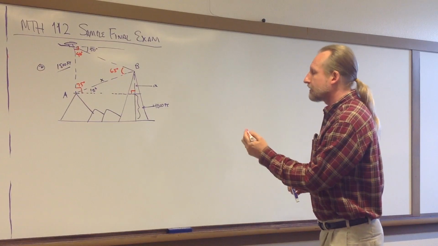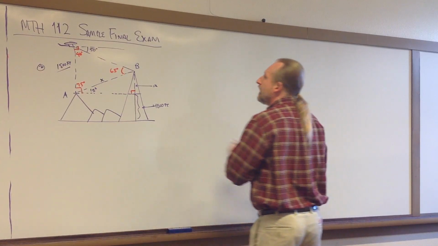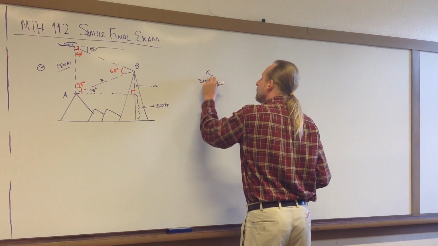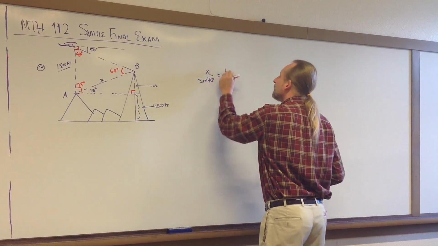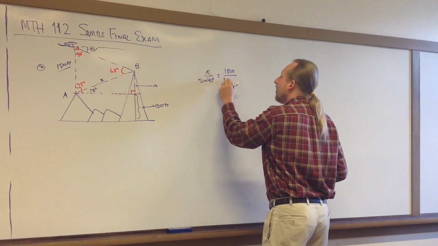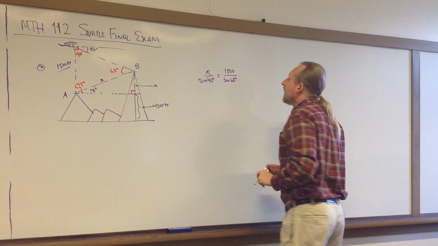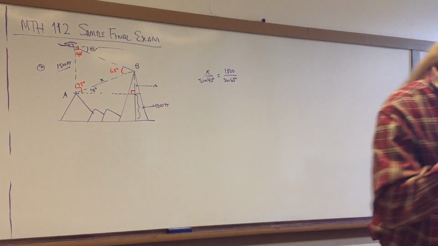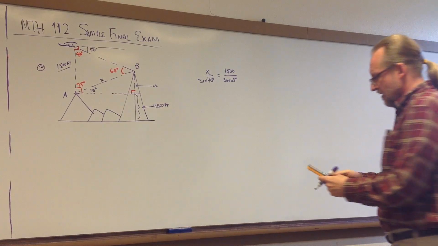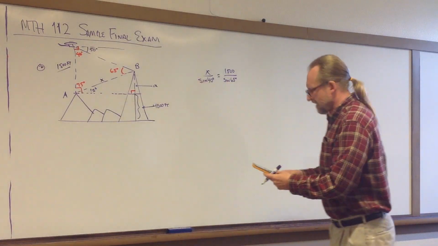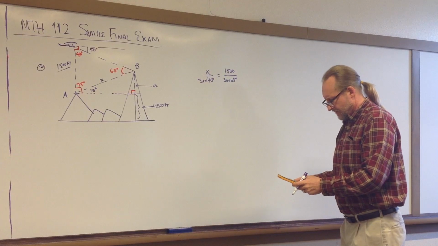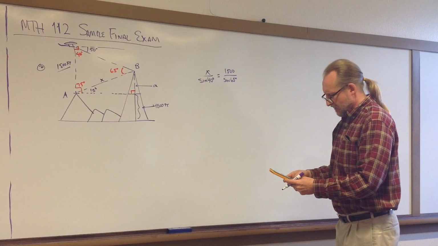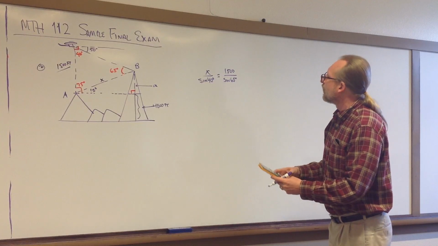So, let's see here. We can use the law of sines. X over the sine of 40 equals 1,500 over the sine of 65 degrees. Okay, so now we're going to do 1,500 divided by the sine of 65 degrees, and then multiply by the sine of 40.